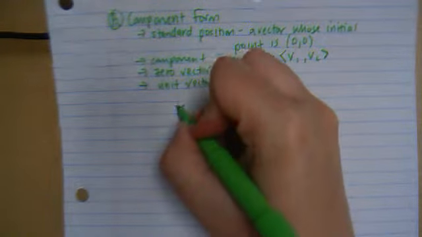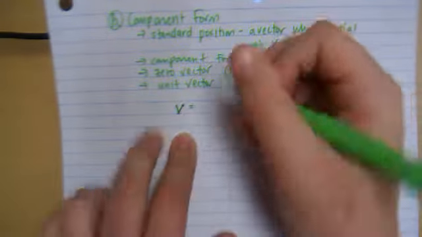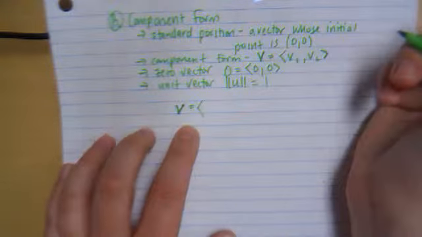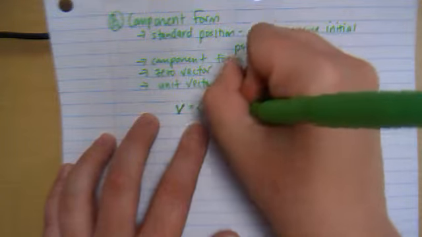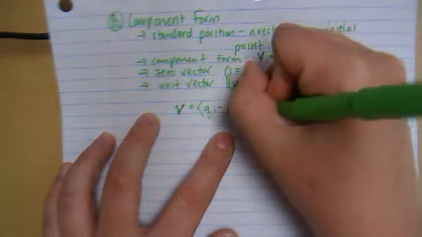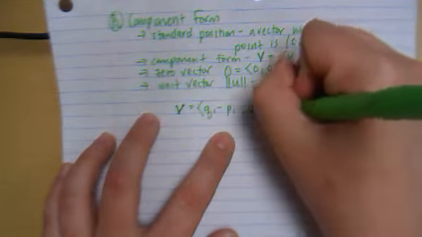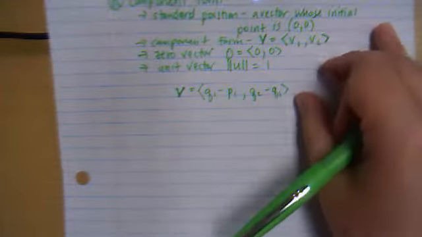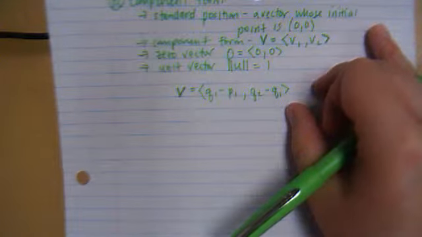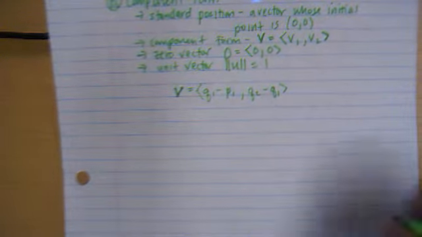And then to get your component vector, if you don't already have it, you take your terminal minus your initial, terminal minus initial. Basically we're taking a vector that's up here, shifting it so it'll be at the origin now instead.